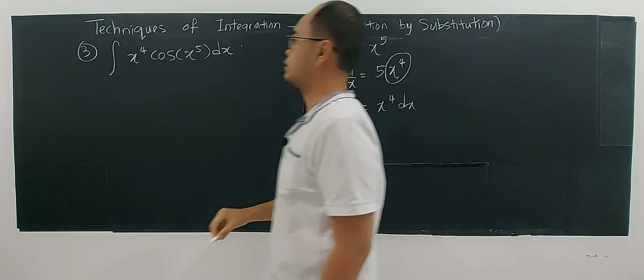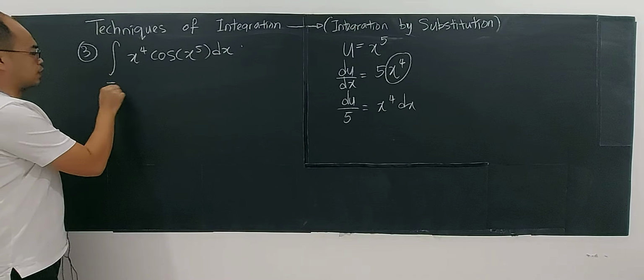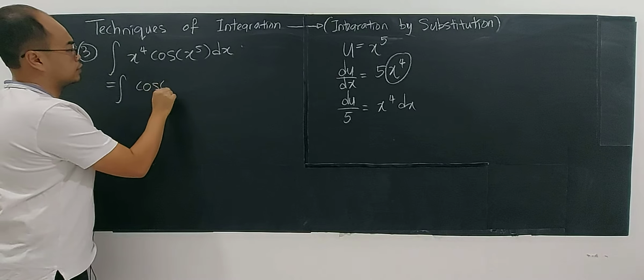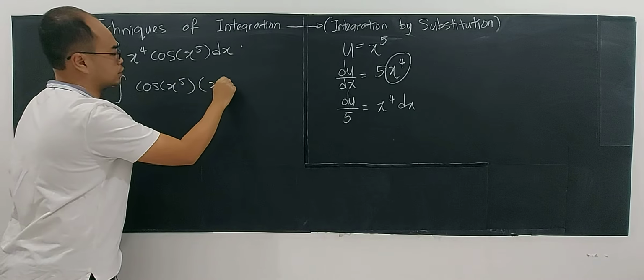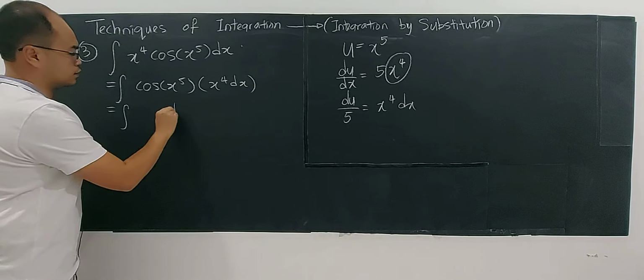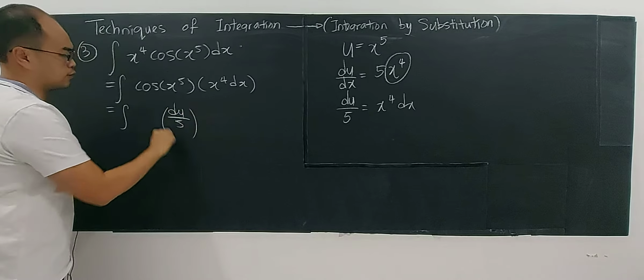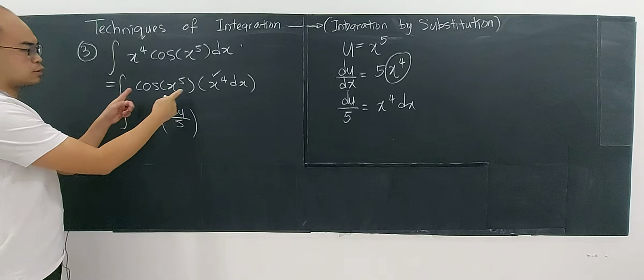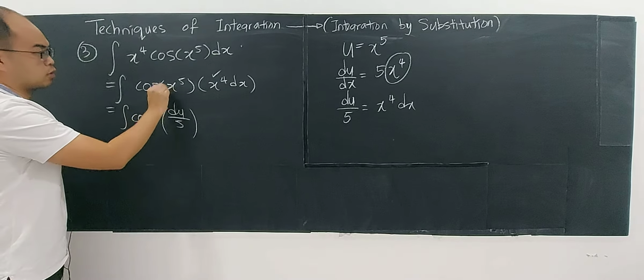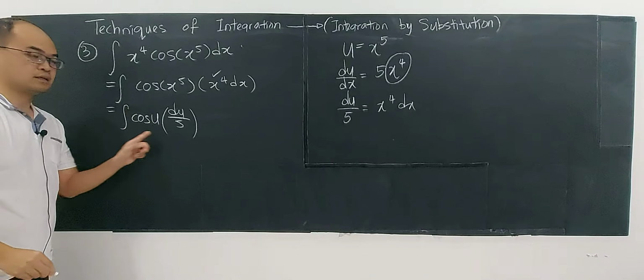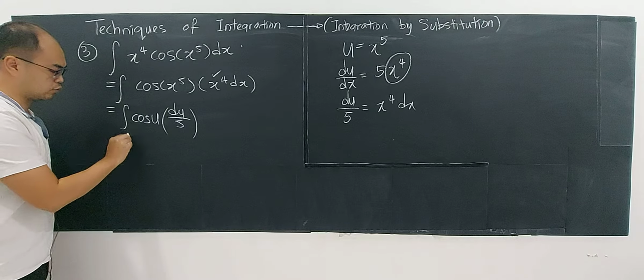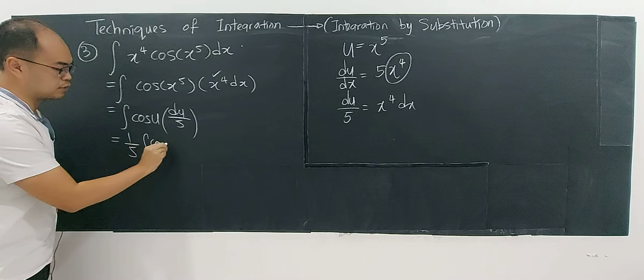Beautiful, right? I can rearrange this and group the x power 4 together with dx, which is du over 5. Done. I have replaced the x power 5 with u, so it becomes a very easy integral. You can take out the 1 over 5, then you just integrate cos.